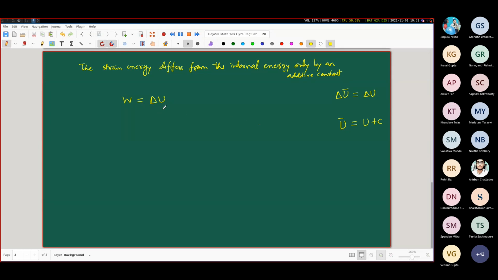All right, so now we are going to interpret this equation. Earlier we had interpreted it as work done results in a change in the internal energy of the mechanical system. Now we are going to interpret it as the change in the strain energy.